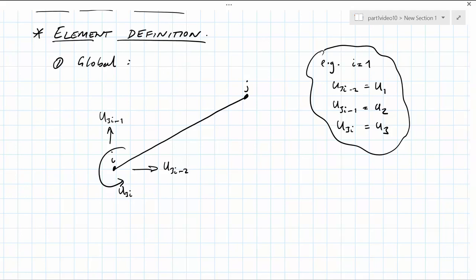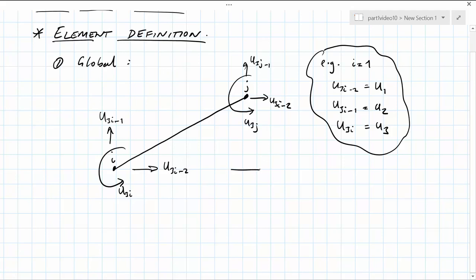At node J, we have the same degrees of freedom as we do at node I. So we have our horizontal, which is U3J minus 2, our vertical, U3J minus 1, and our rotational, U3J.